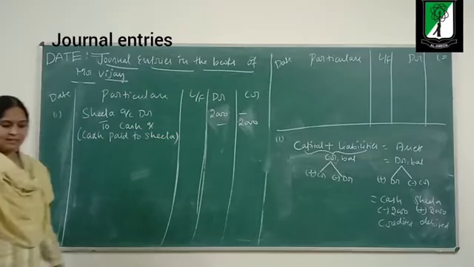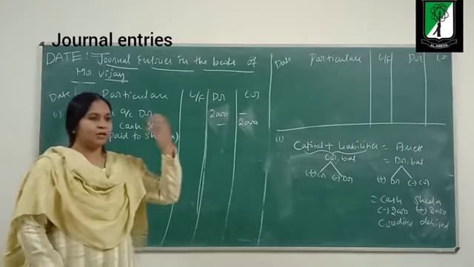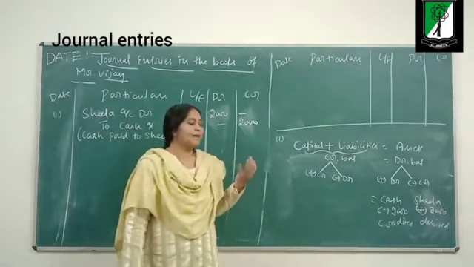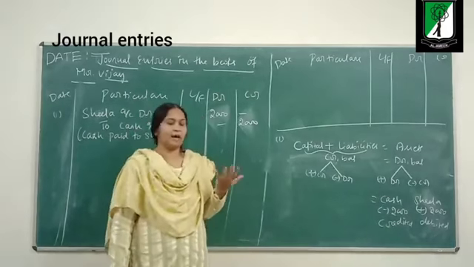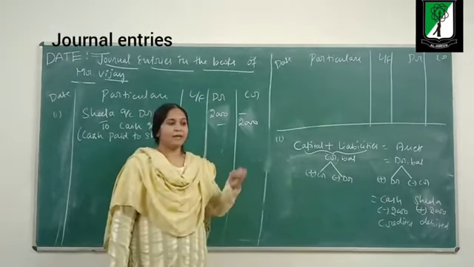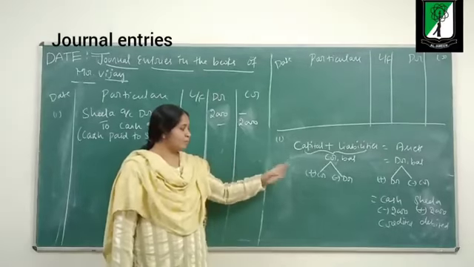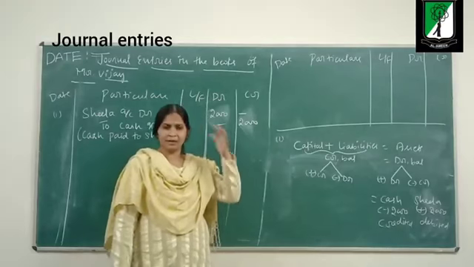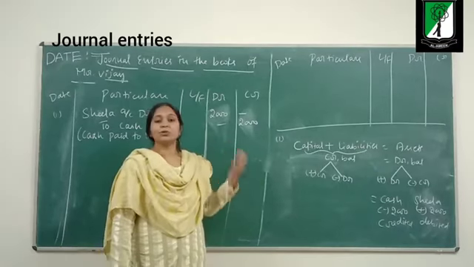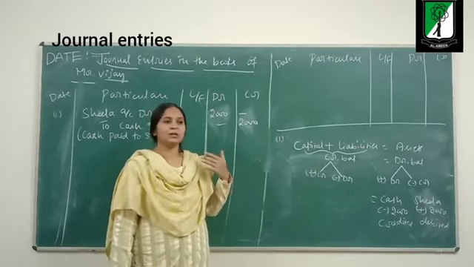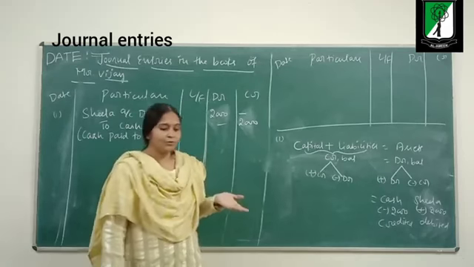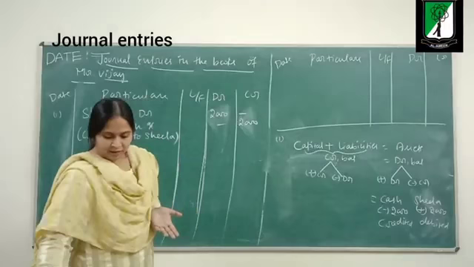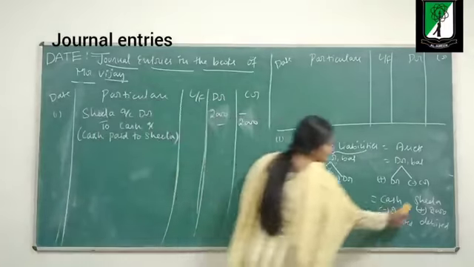And few students can assume differently. Now you are paying cash to Sheila. What did I assume? I'm helping my friend by giving some money, which she has promised to pay in future. Few students may assume they are making payment towards their liability.